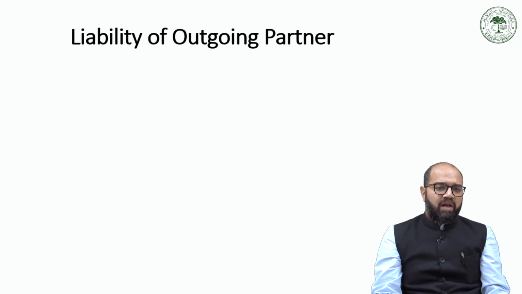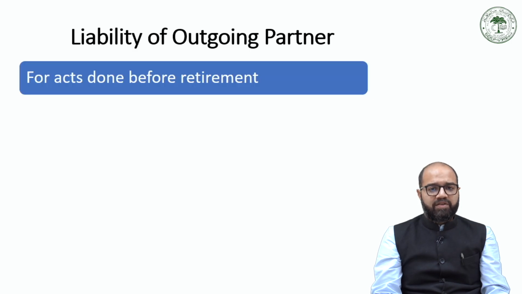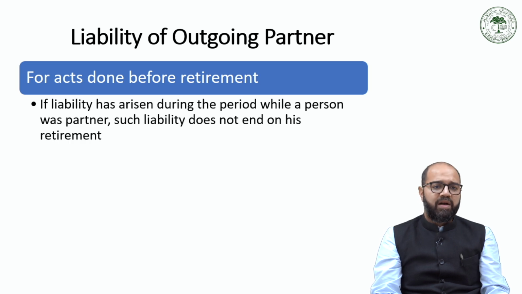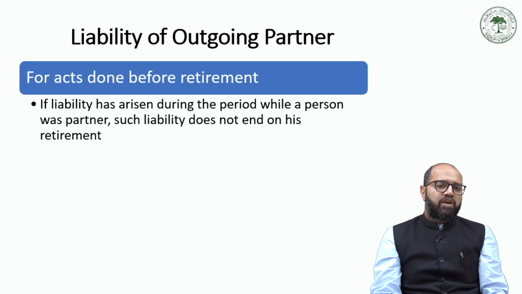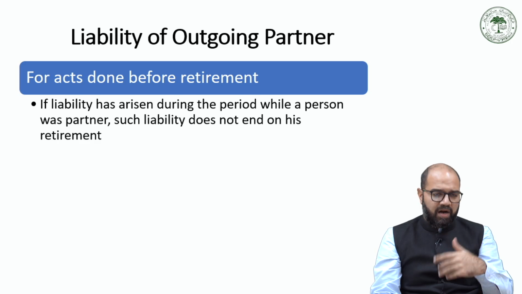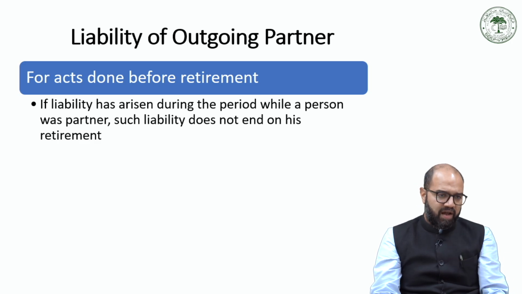So what is the liability of an outgoing partner? It can be discussed under two heads. Firstly, for any acts which are done before the partner retired. The rule is that if the liability with regard to third parties has arisen during the period while a person was a partner, such liability does not end on his retirement, but continues even after his retirement.